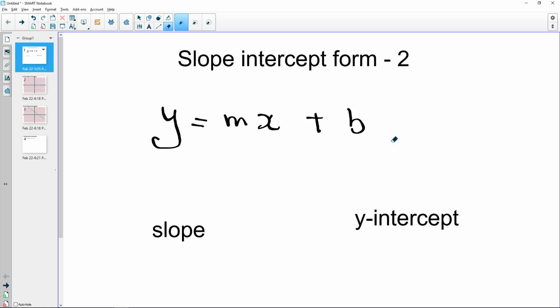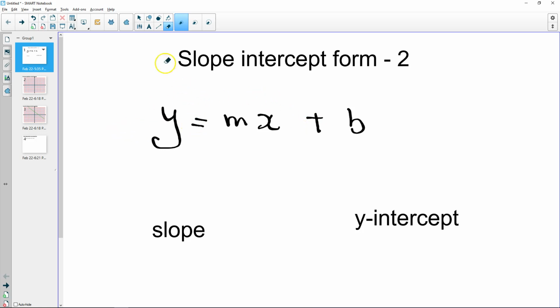Following from the previous video, if your y is not right over there in the beginning, you are going to do something about it to change that into slope-intercept form. And in this video, you're going to find out why we want to have it, because it's such a powerful, such a useful equation, and it will tell you a lot of different information about your straight line.